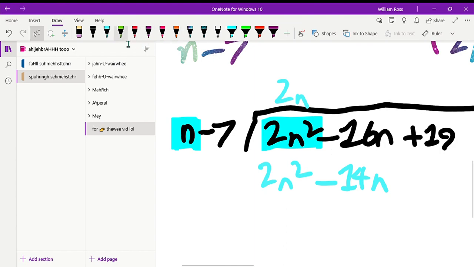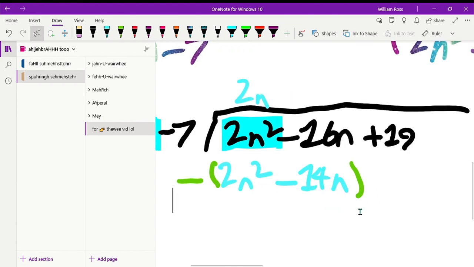So in this case, in red, you can just flip the signs around. So now we will have negative 2n squared plus 14n. And so we solve that. That will be negative 16n minus negative, or I mean plus 14n. My bad.